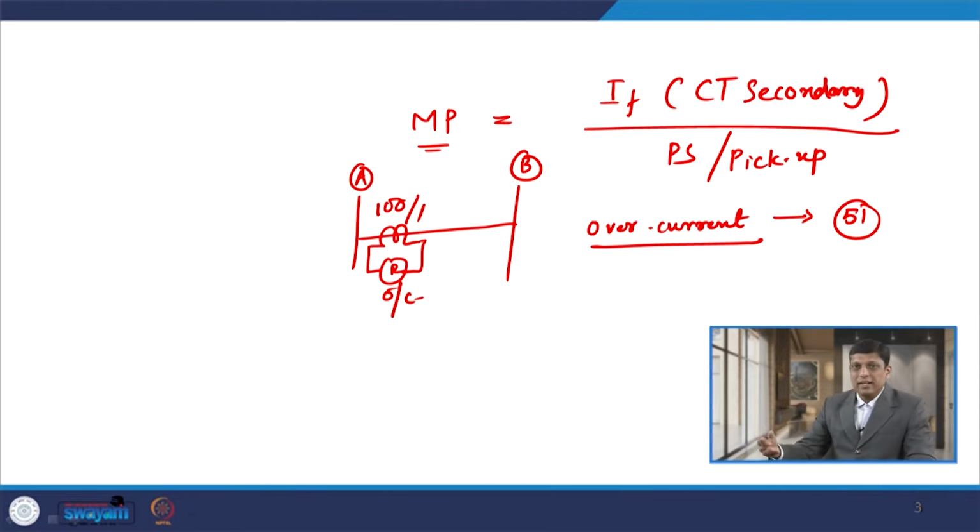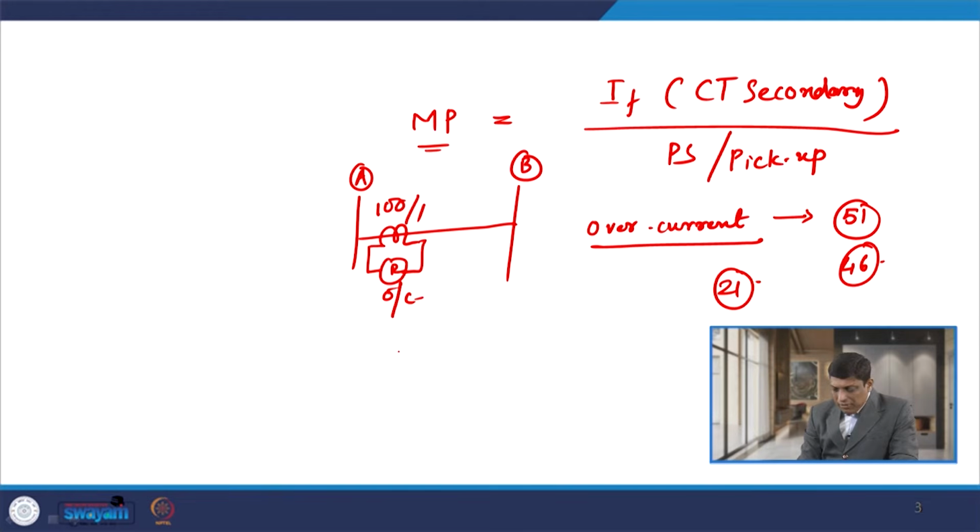If I consider some other type of relay, then the number given to that relay is different. Say, for the negative sequence relay, the number is 46. For the distance relay, the number is 21 and so on. So, there are several numbers assigned for each specific type of relay.